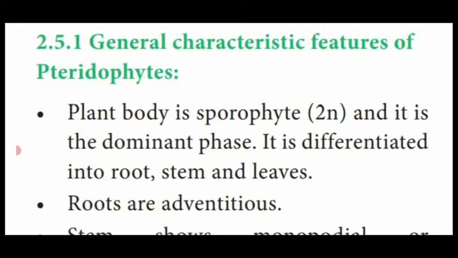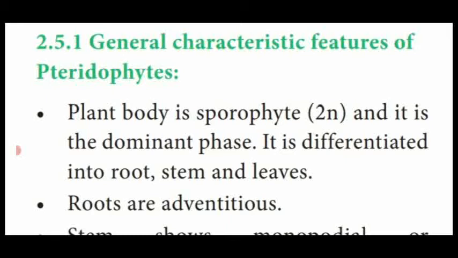In these pteridophytic plants, the dominant phase is the sporophyte. But in the bryophytes, gametophyte is the free, independent, photosynthetic and also dominant phase. It is opposite to the pteridophyte. Sporophyte is the dominant phase, which is diploid in condition.